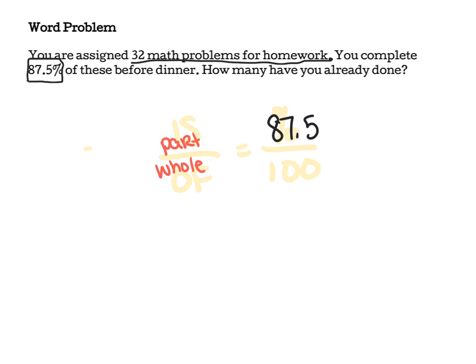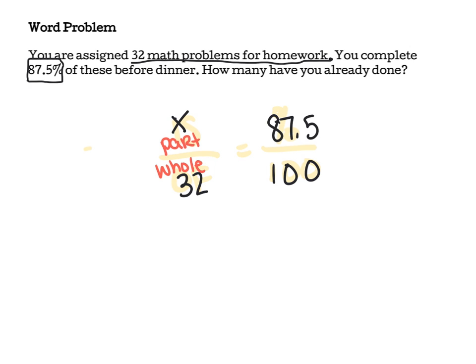I gave a little bit more of that, and I didn't give a full 88. So right dab in the middle, 87.5. Well, if I'm assigned 32 math problems for homework, is that a part of my math homework or the whole of it? It's the whole of it. So I'm going to put 32 right there. My 100 always goes. So that means I'm going to look for a part.